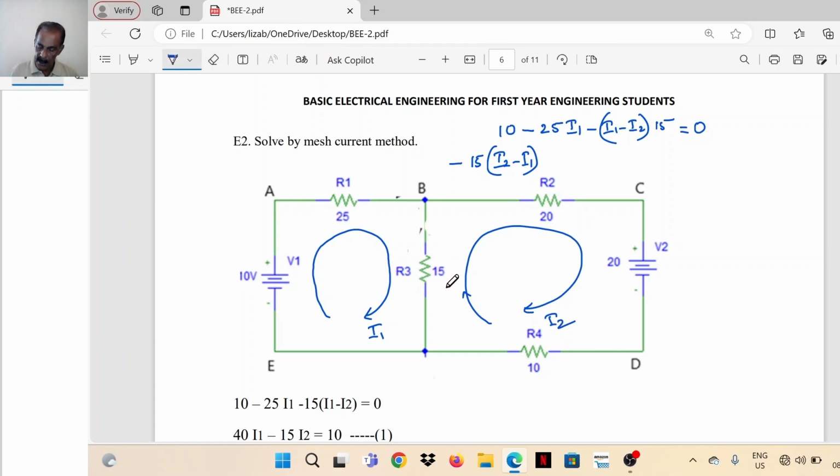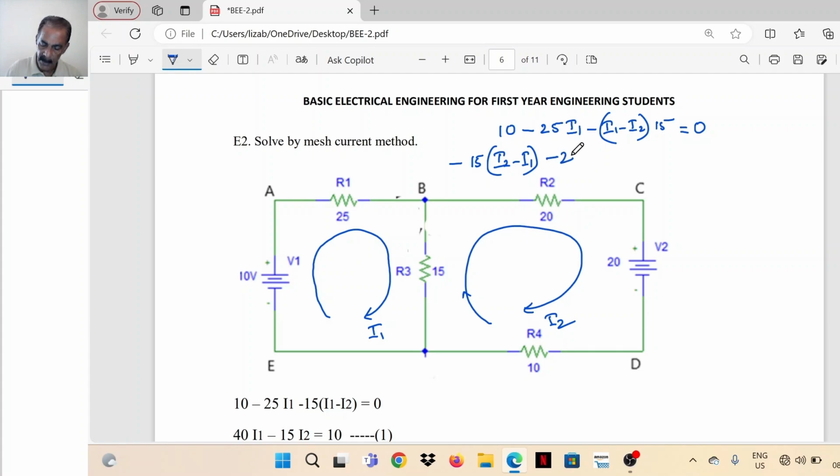So we have to take the net current, the current through the resistor R3, by writing the second mesh equation. It is I2 minus I1 into the resistor value 15, so minus 15 into (I2 minus I1).